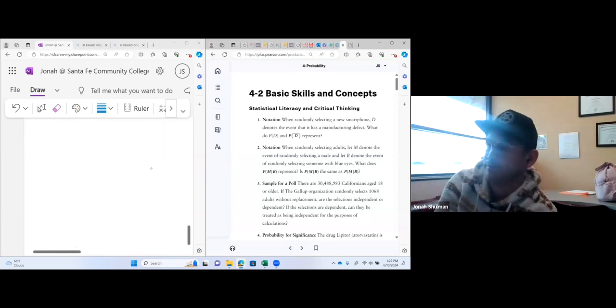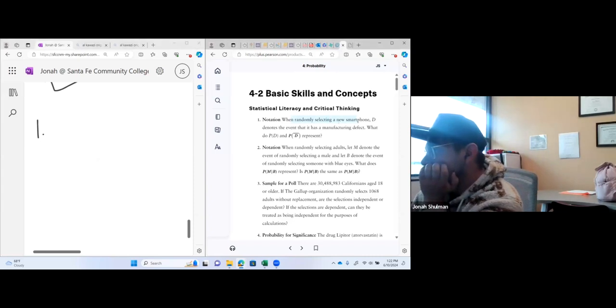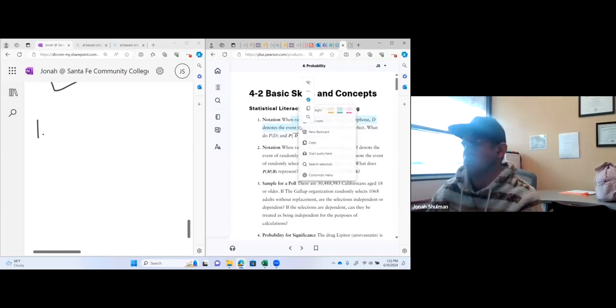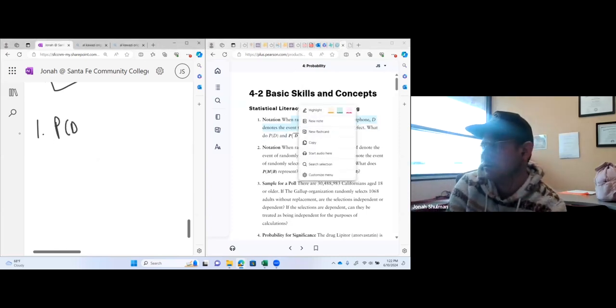So here's number 1. Notation. When randomly selecting a smartphone, D denotes that it has a manufacturing defect. Okay. All right, so what is P of D? P of D, that's a defect.